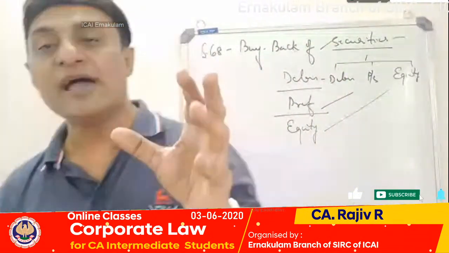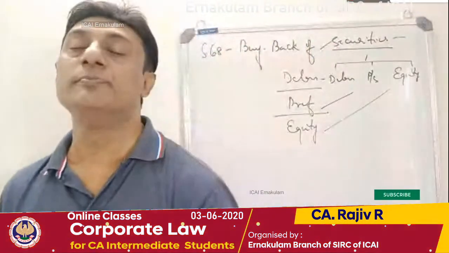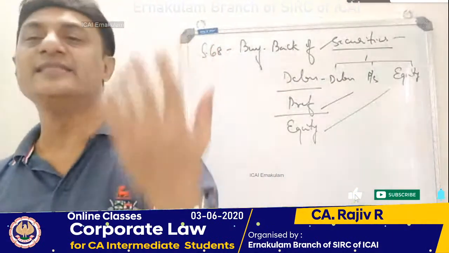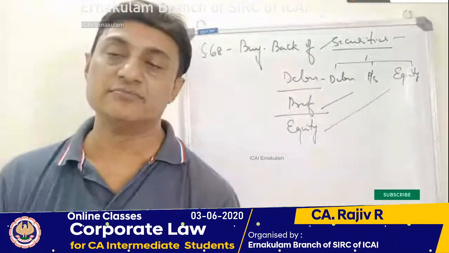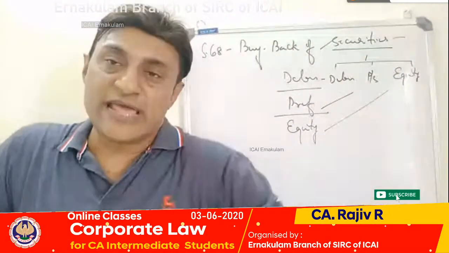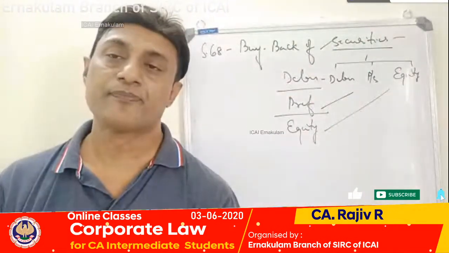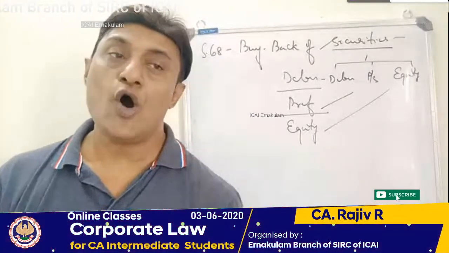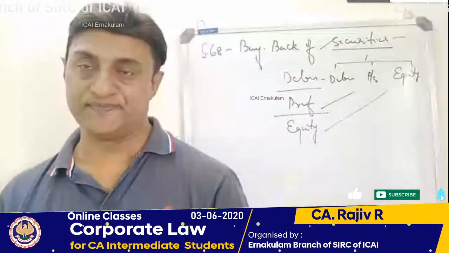So looking at buyback from the perspective of the board of directors, when will such an option be exercised? Either when the company is feeling that it is overcapitalized. I'm overcapitalized, I don't need so much. Tank it. Repay it. Or when you have no other avenue for a lot of liquidity.